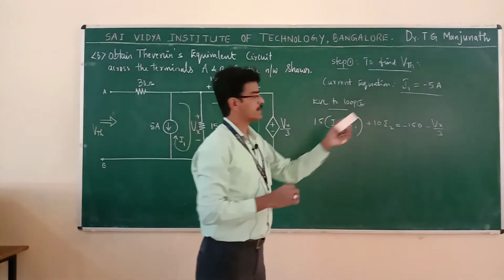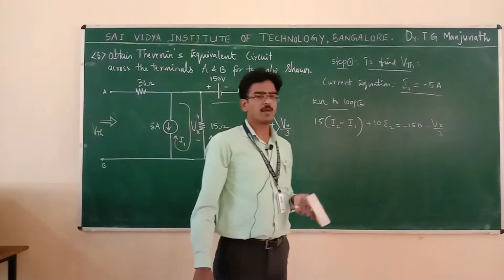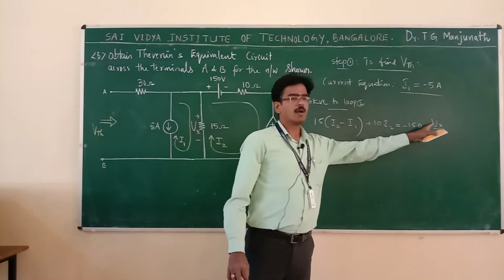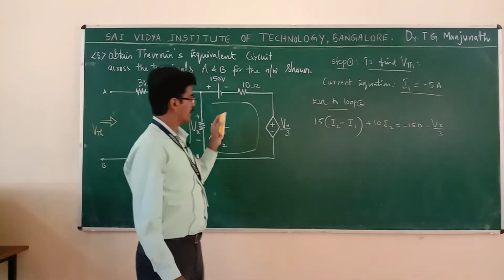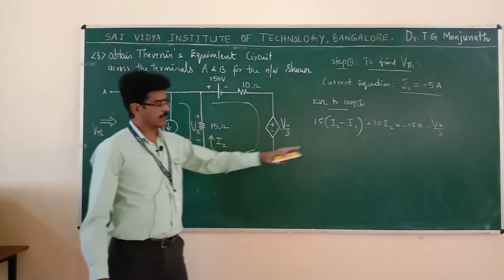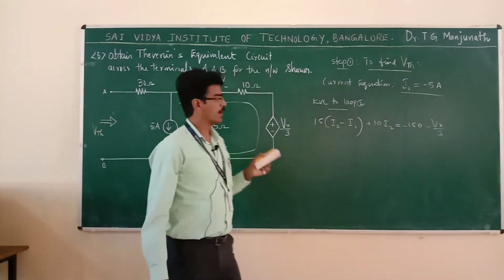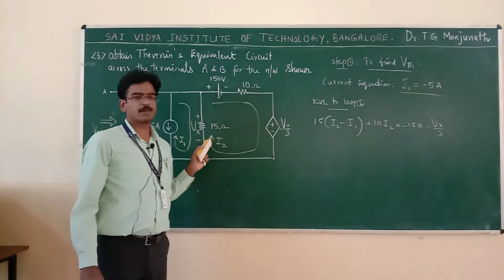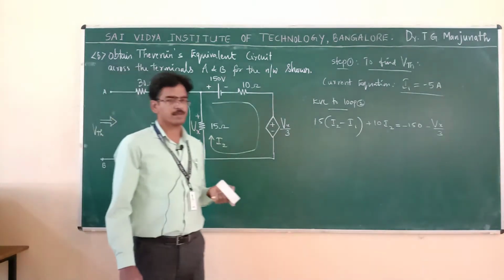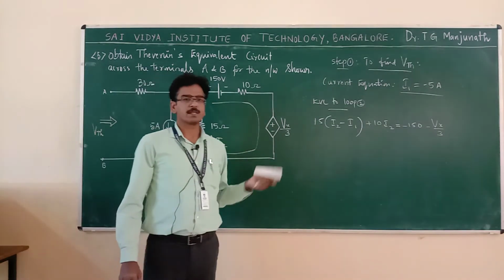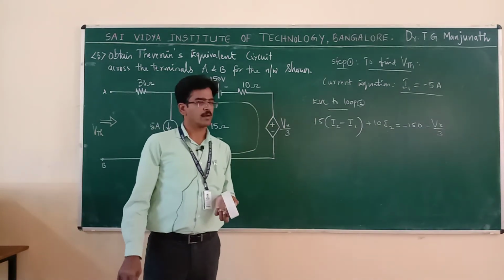In this equation, the final equation must be only in terms of the loop currents, but you have Vx now. Whenever a dependent variable comes in the equation, you have to replace that variable in terms of loop currents if you are solving by loop analysis, and it must be replaced by node voltages if you are solving by nodal analysis.